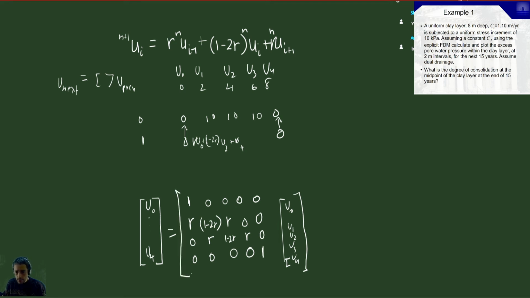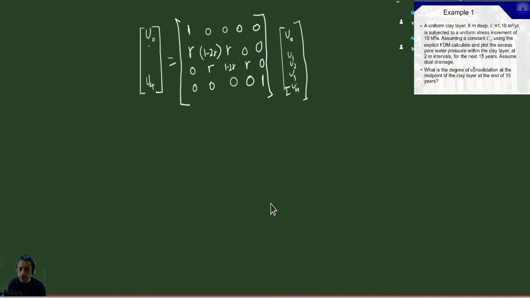So this is the matrix that I would use to multiply it by. So if I were to use MATLAB or Octave, I would define my matrix here, call it n, and of course you can use a little program to define these things: 0 comma 0 comma 0 comma 0 semicolon r, 1 minus 2r, r, and so on.